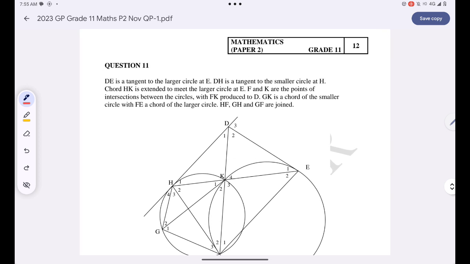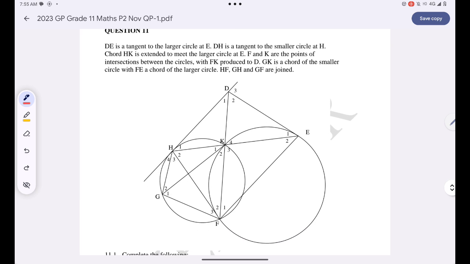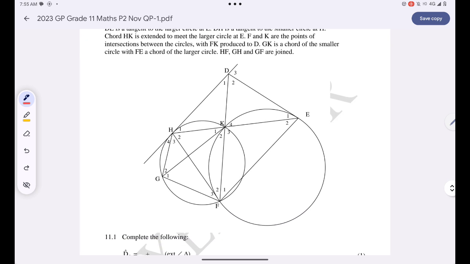Question 11. DE is a tangent to the larger circle at E. Immediately when they tell you about tangents, guys, you must just think of tan chord theorem.